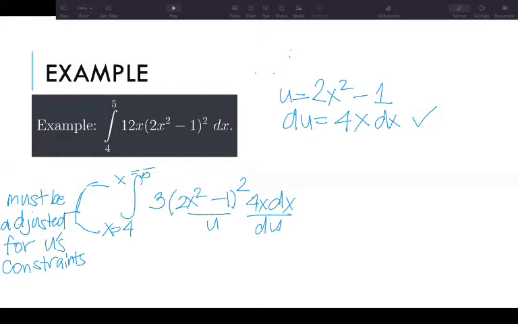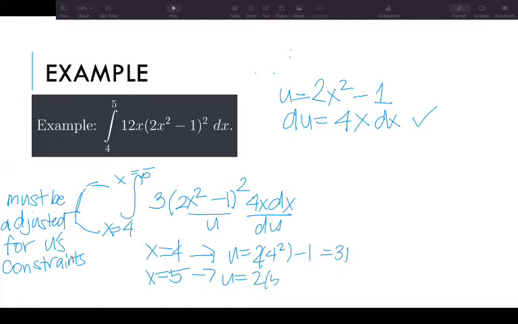So we have x equals 4, which gives us u equals 2 times 4 squared minus 1 equals 31. Then x equals 5. We have u equals 2 times 5 squared minus 1 equals 49. So from x equals 4 and x equals 5, it becomes u equals 31 and u equals 49 respectively.